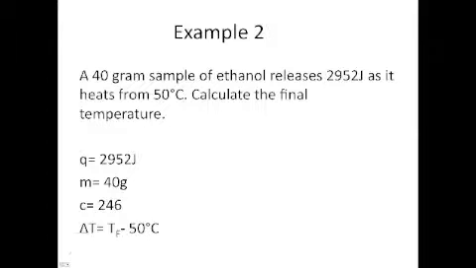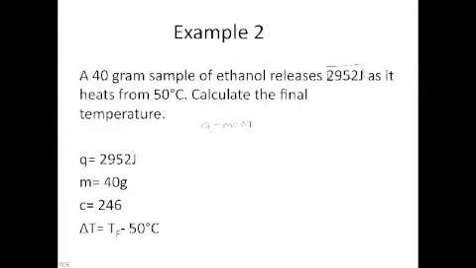So here's another example. A 40 gram sample of ethanol releases 2,952 joules as it heats from 50 degrees Celsius. Find the final temperature. So in this one, you're going to use your formula Q equals MC delta T. Okay, so your Q is your 2,952 joules.